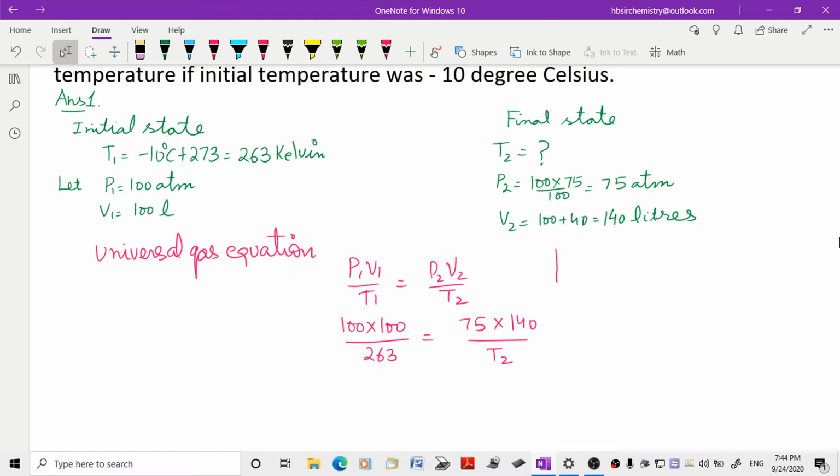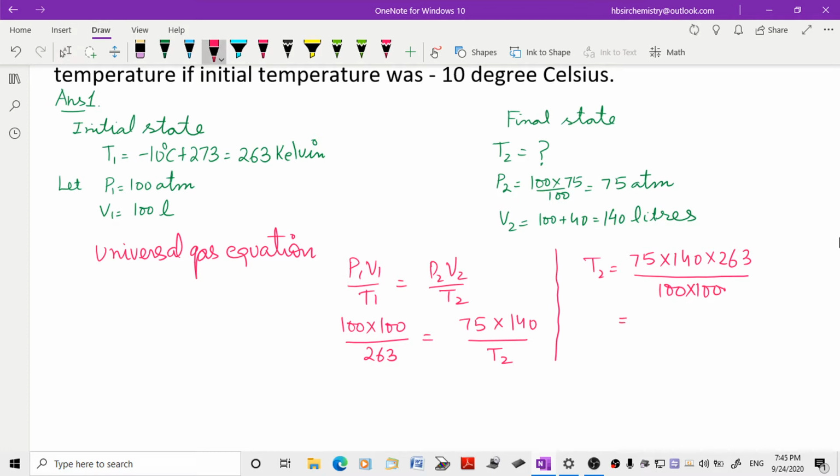So let us do a simple mathematics here. T2 is equal to 75 into 140 into 263 divided by 100 and 100. So this is how it cross multiplies. Let us quickly solve this one. 75 into 140 into 263, and we need to divide this.